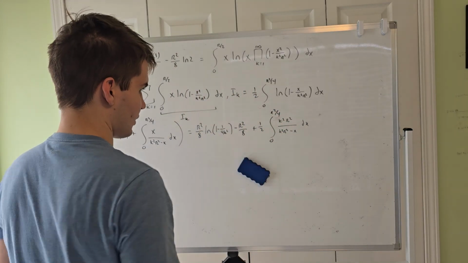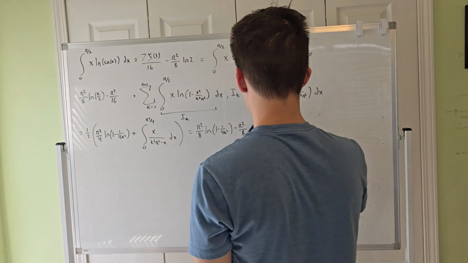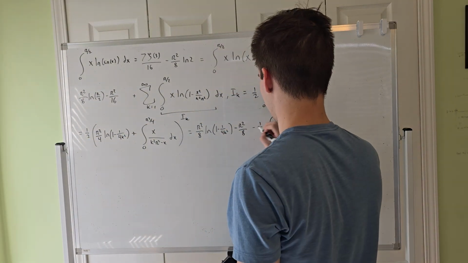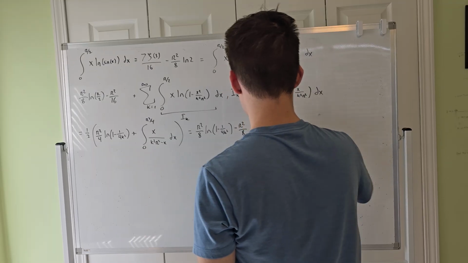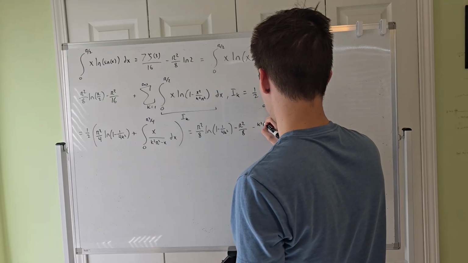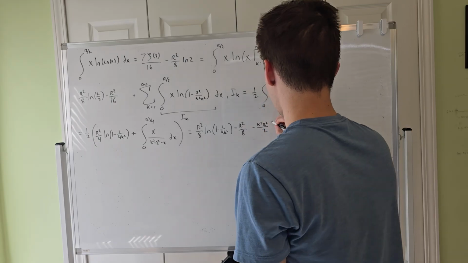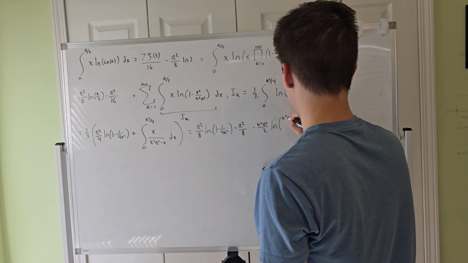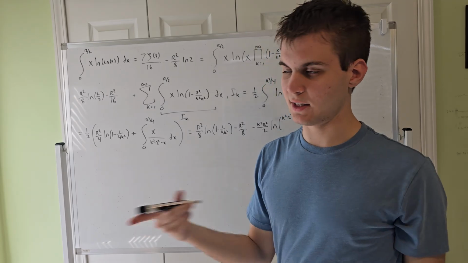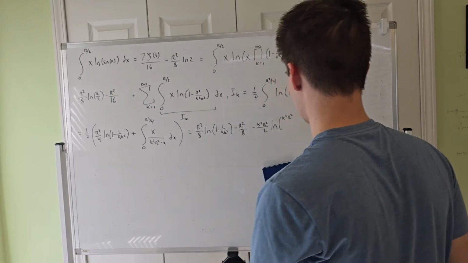Okay, and this is obviously just a difference of logarithms thing. We're going to get a minus because of the minus x we have in the denominator. So this is going to give us k squared pi squared over 2, because the k squared pi squared was a constant, times ln. I'm going to write it as ln of a quotient instead of a difference of logarithms, just because it's easier to see.